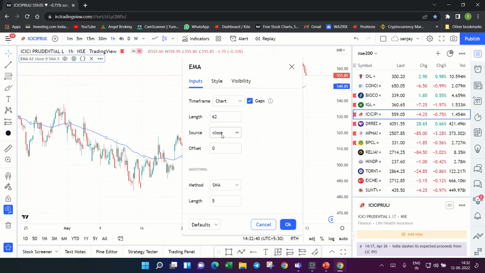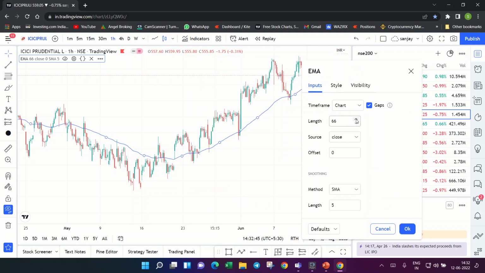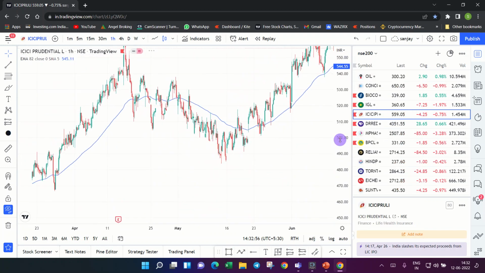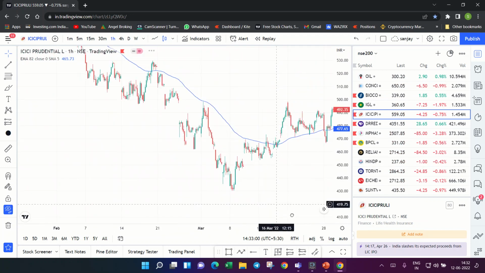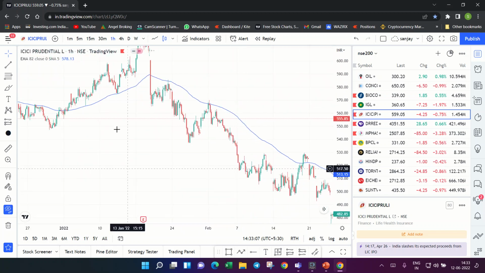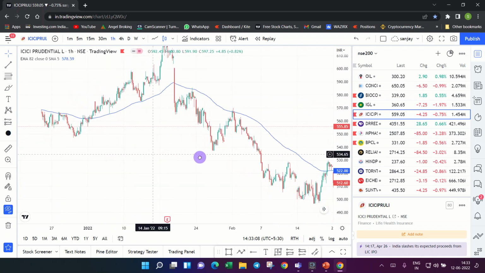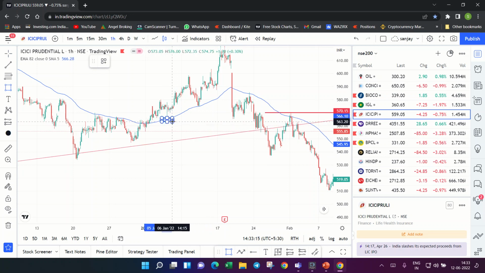Still not close to it. So for the 81 period moving average, I think that is working very good for a 1 hour time frame, that it is taking exact support points. Okay, it is taking supports at the exact points on this moving average.